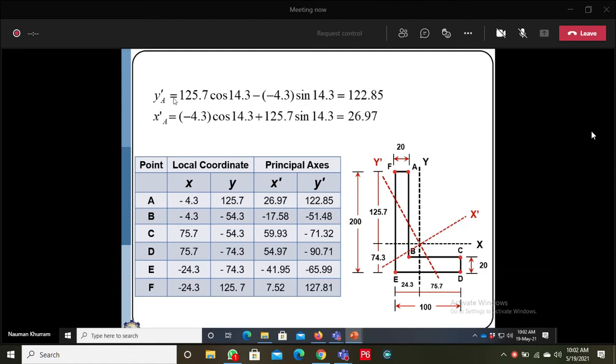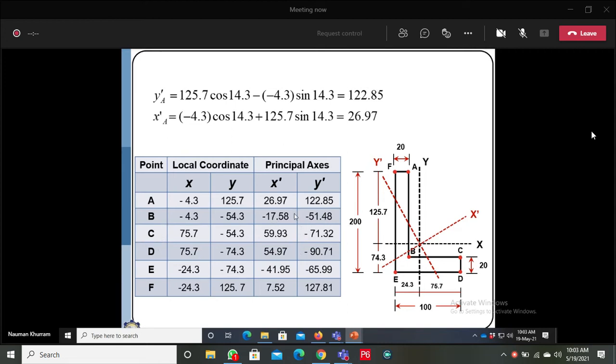So YA bar comes out to be 122.85. XA bar is equal to X cos theta plus Y sine theta. So XA is minus 4.3 and YA is 125.7, and the answer is 26.97. In the same way, you can compute the X bar and Y bar values for points B, C, D, E and F.